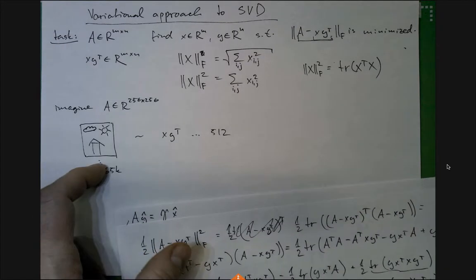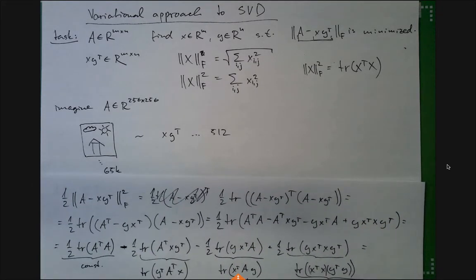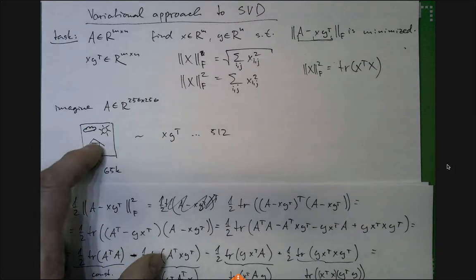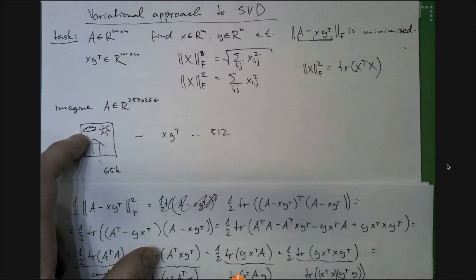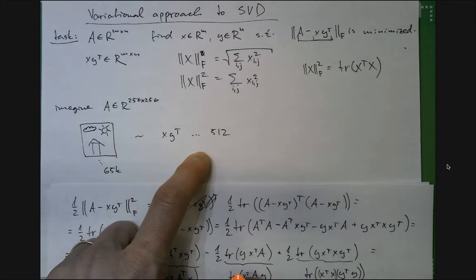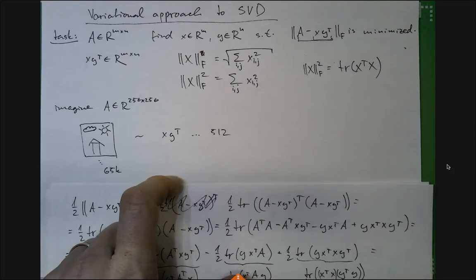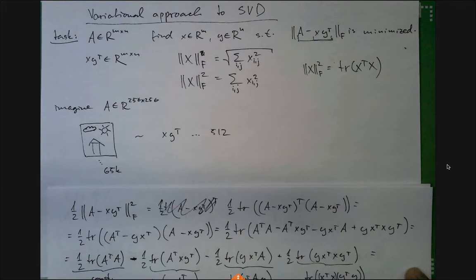So that would be actually a fun little project if you wanted to do another project, if you didn't have enough. You can just try it on an image. Try it on a bunch of different images, and you will see what rank 1 approximations of that image you will get, right? And if you do that, you will find out that the rank 1 approximation is not particularly interesting.